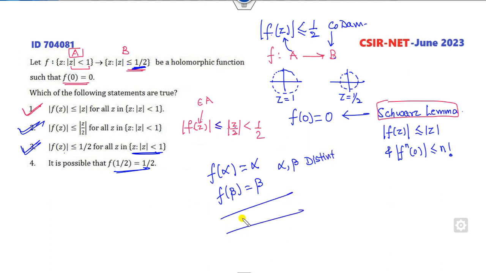Then only you can say f of z is z. But here there is only one point given to you, f of 0 is 0, but there is no other point given to you. So you can't say it is always possible. It will never be the case here because this condition is not satisfied. So the right answers are 1, 2 and 3 are my correct options.